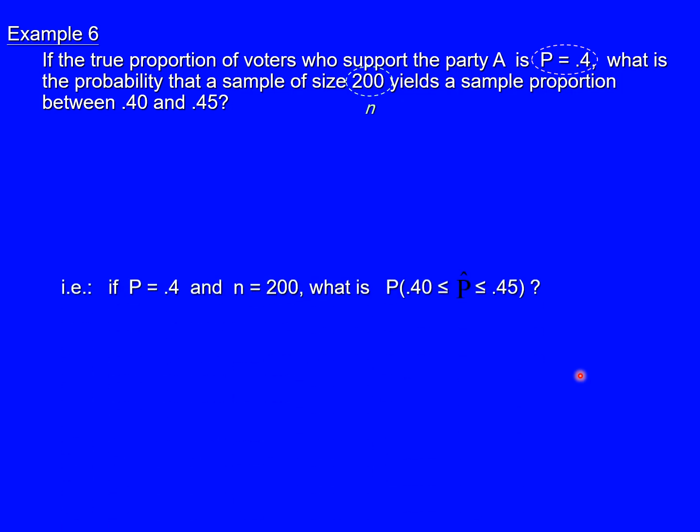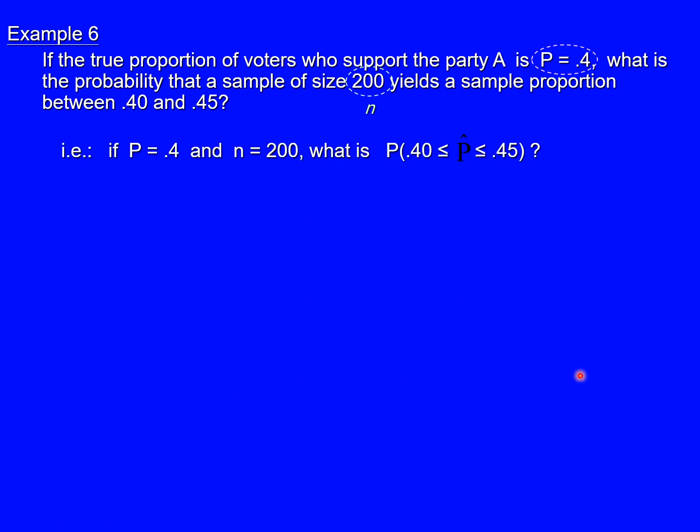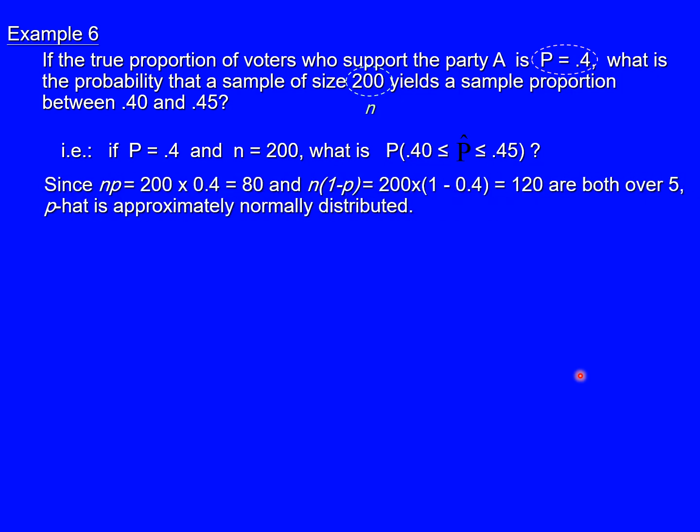With n equals 200, we want the probability that p hat is between 40% and 45%, and n is large enough to approximate the distribution with the normal distribution.